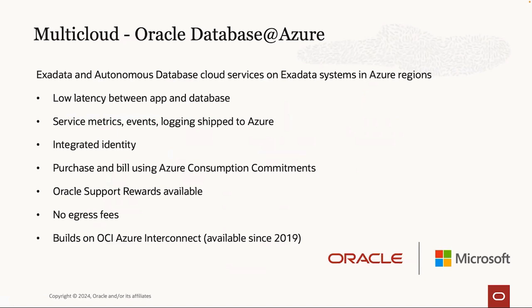For different regions, there are direct connections between Oracle data centers and Azure data centers. So it makes it very easy to run those split stack workloads with low latency between your app and database layers. You still get a unified area to look at service metrics, events, logs, all that can be shipped to Azure as well. And then there are no egress fees for that data movement.